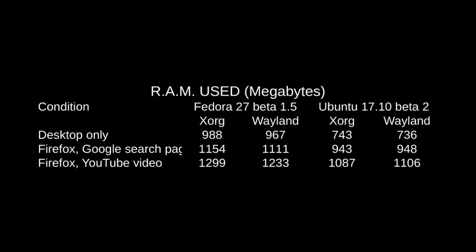On the other hand, Wayland is almost identical to Xorg in Ubuntu. It's a little smaller with the desktop only, but it's a little larger with the Google search page and a little larger with the YouTube video. It basically makes no substantial difference in order of magnitude.